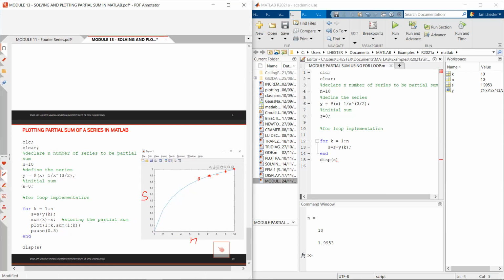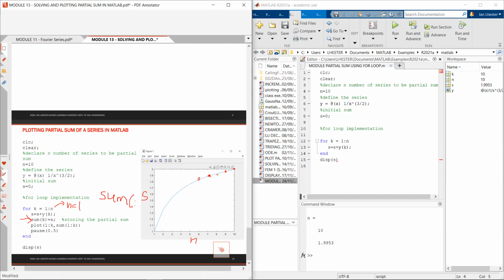Okay, so ang gagawin ko lang, you will create a storing for the partial sum, this one. Let's say you have your partial sum for n equals to 1, first loop. Yung first loop natin, nag-create siya ng sum of k.